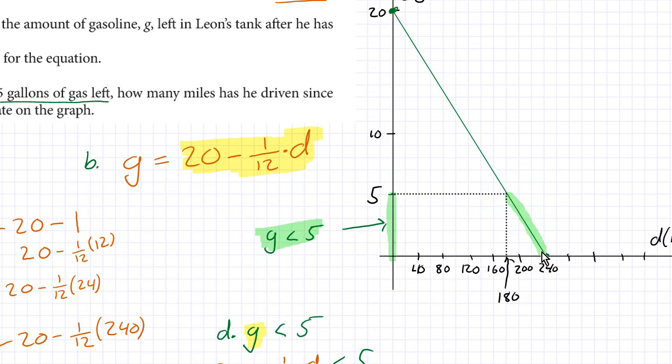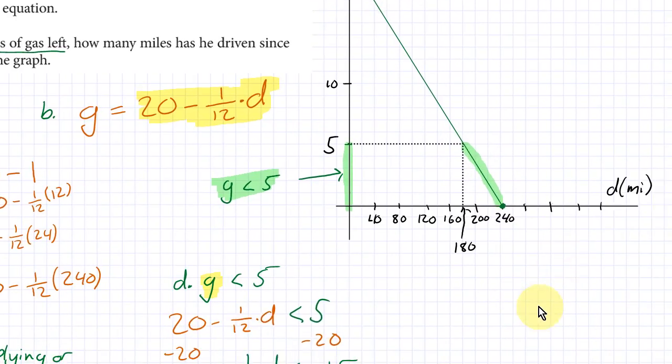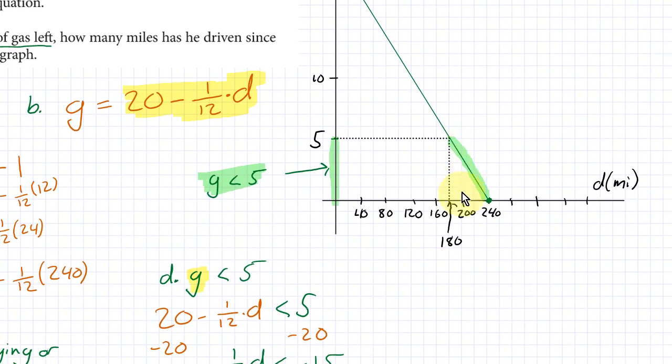And what the question is asking about is how many miles has he driven? To see that here, we're going to see what are the values of D here. So here you can see the real answer to this question is going to be D is more than 180, because these are values of D that are beyond 180 and less than 240.